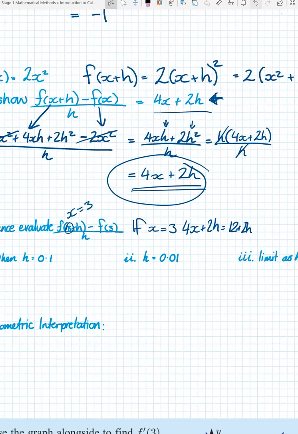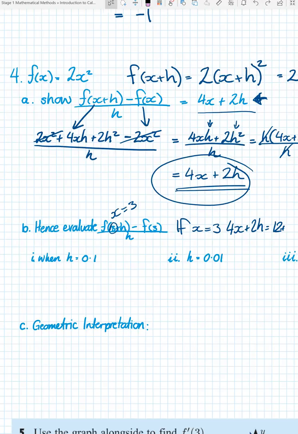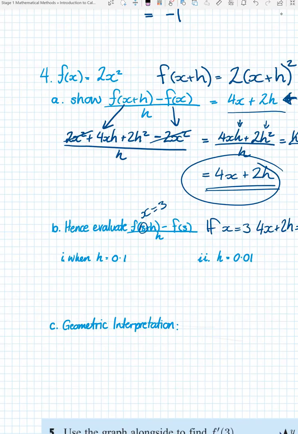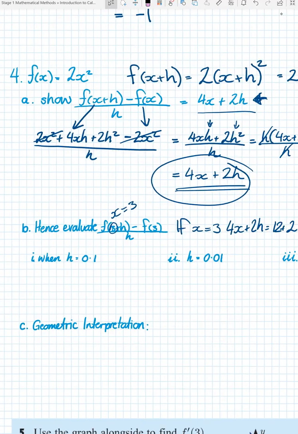Let's make that a little bit neater. Okay, so we'll write it again here. 12 plus 2h. So when h is equal to 0.1, we get 12 plus 2 times 0.1, which is equal to 12.2.